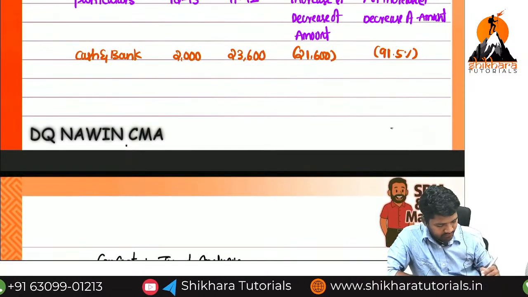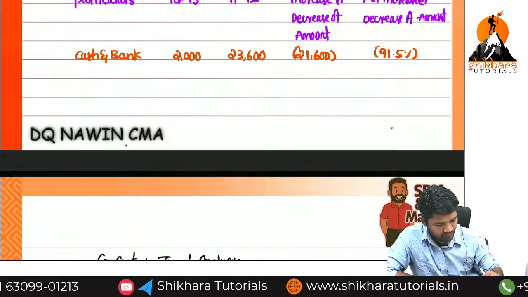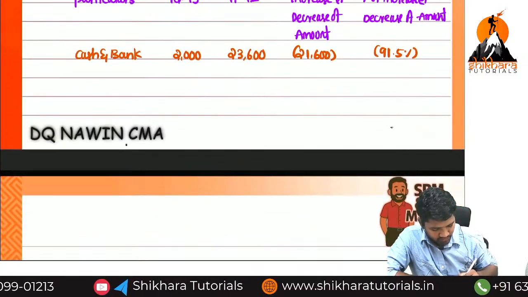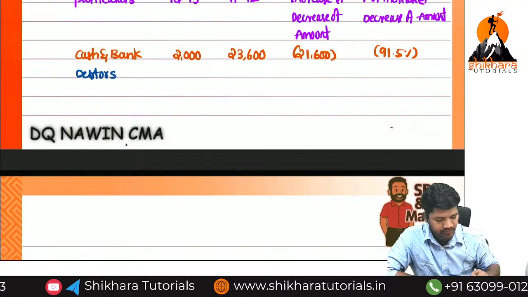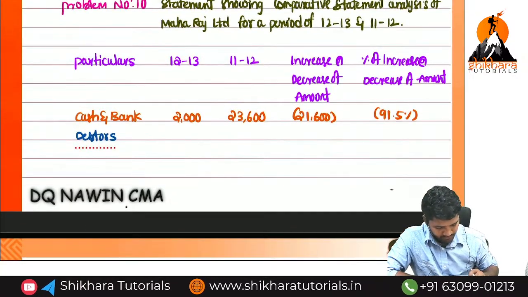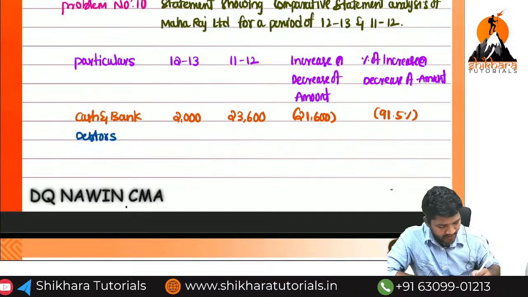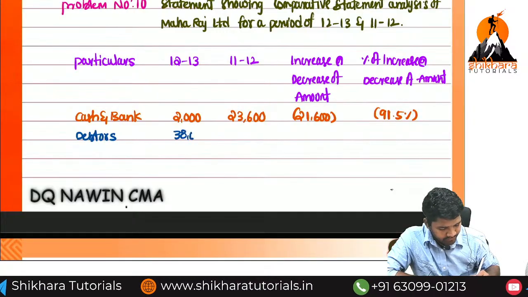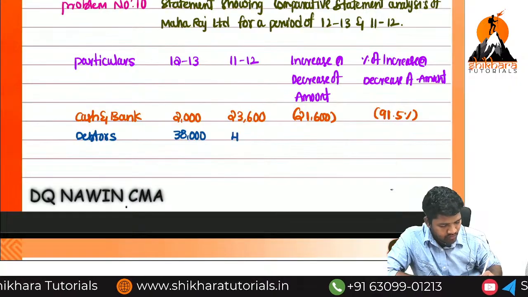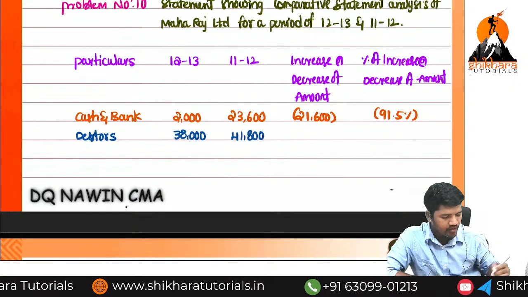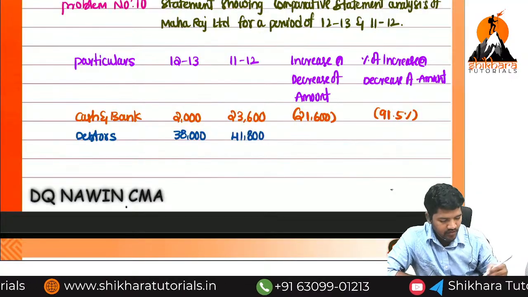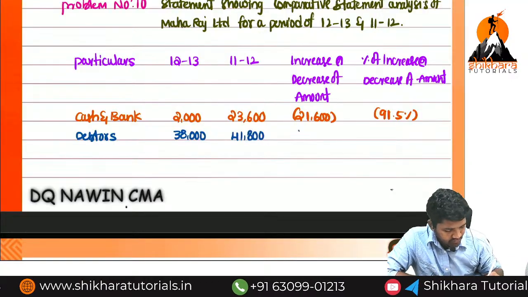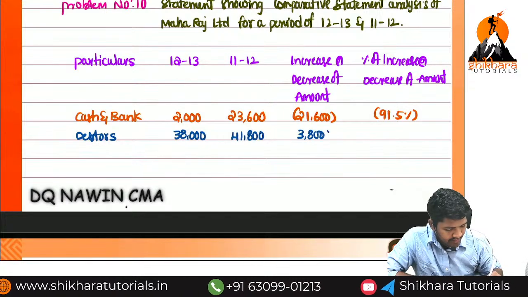What's the next one? Debtors. Current year 38,000. Previous year 41,800. What about the increase or decrease of amount? Decreased by 3,800.